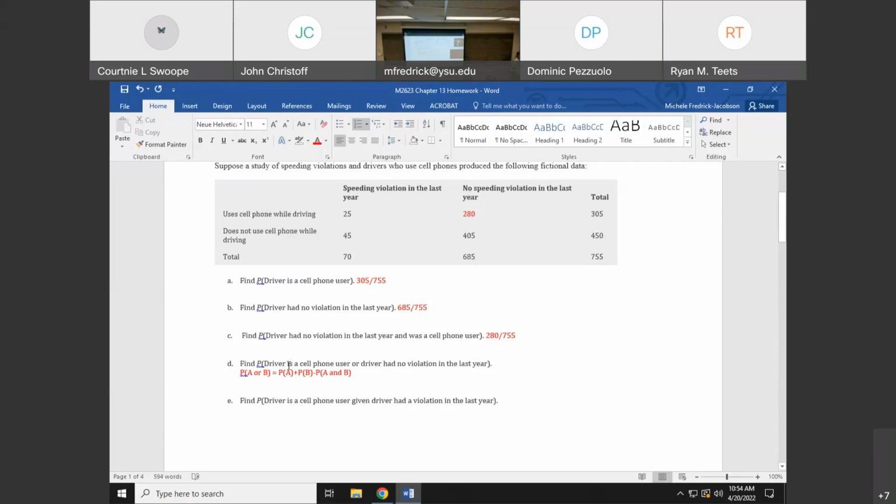So the probability the driver is a cell phone user, 305 out of the 755. The probability they had no violations, 685 divided by the total.